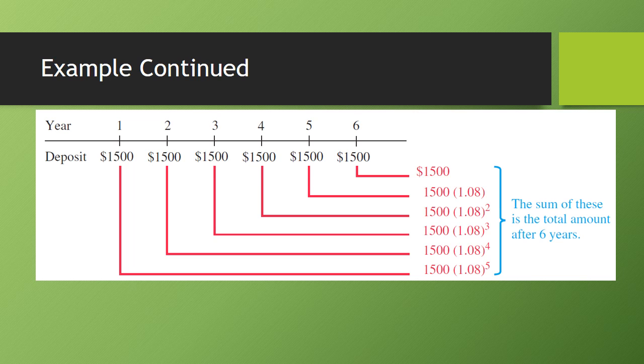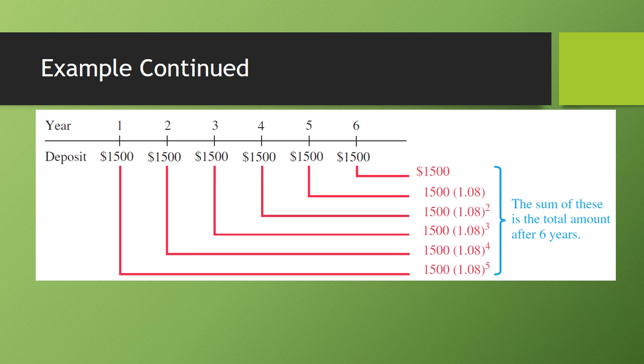What you put in at the end of year 2 is going to sit in there for 4 years, so the interest and principal on that is 1,500 times 1.08 to the 4th. And then year 3, year 4, year 5, and finally year 6, you're putting in $1,500 at the end of the year. It accumulates nothing, and it's just the $1,500.